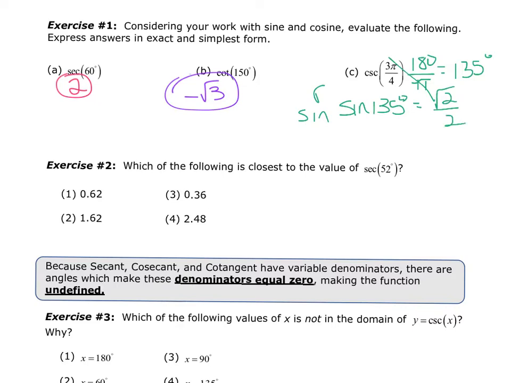It is the y value in quadrant 2, so it's positive, right? So now all I have to do is flip that upside down, and we get 2 over the square root of 2. And that is that. It's not so bad, really. You just have to memorize what name goes with the original trig function and just flip it upside down.